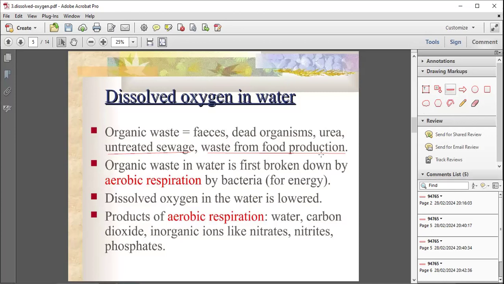With this, the dissolved oxygen in the water is lowered. Products of aerobic respiration: water, carbon dioxide, inorganic ions like nitrates, nitrites, and phosphates.